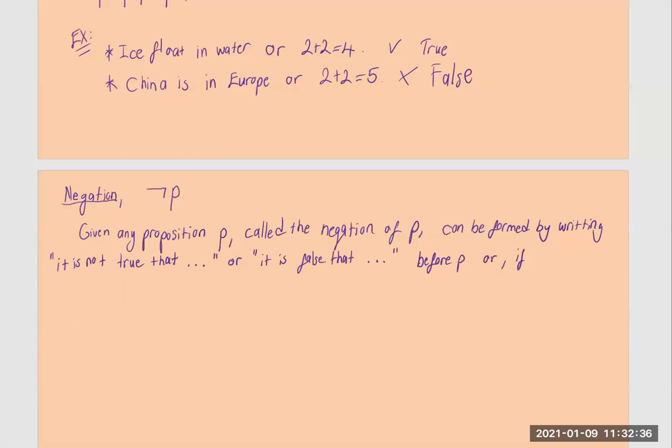and if there is a different possible statement, by inserting the word "not" in P. Symbolically, the negation of P will be read as "not P".